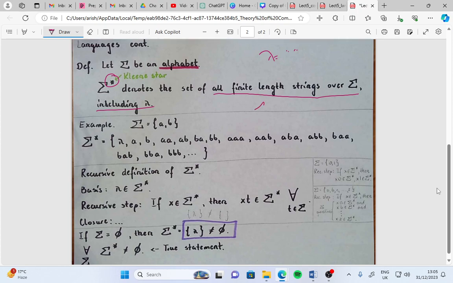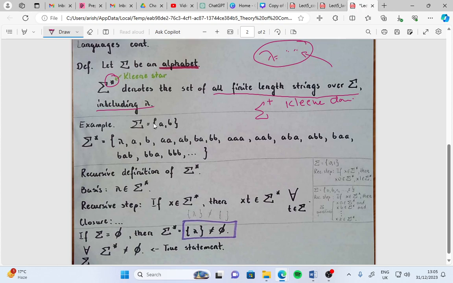But if we have sigma plus, it is called Kleene closure. It means at least one symbol will be there, with no possibility of the empty string.